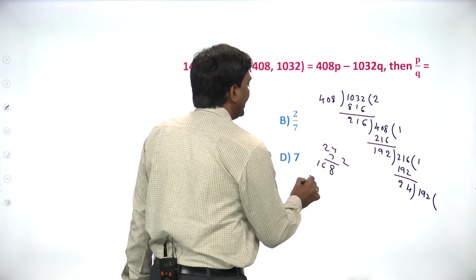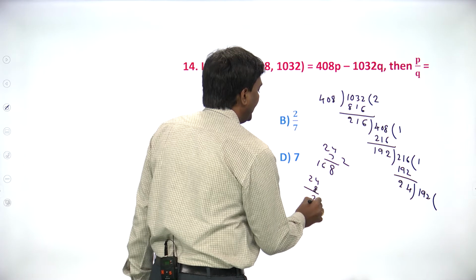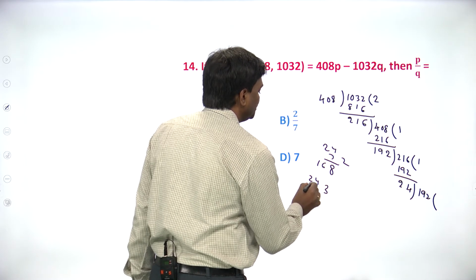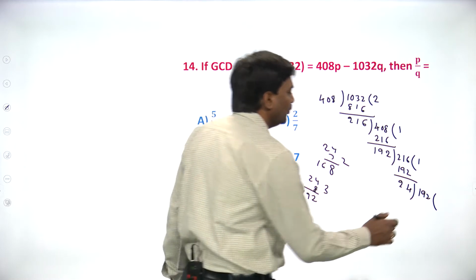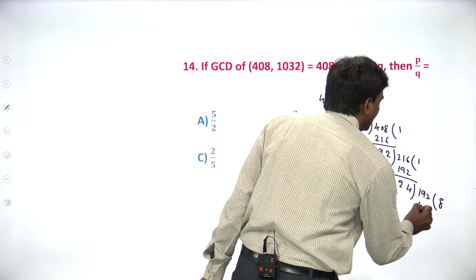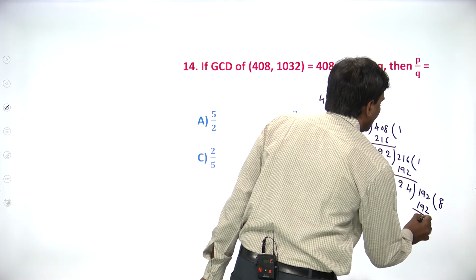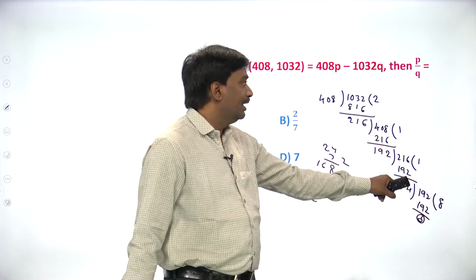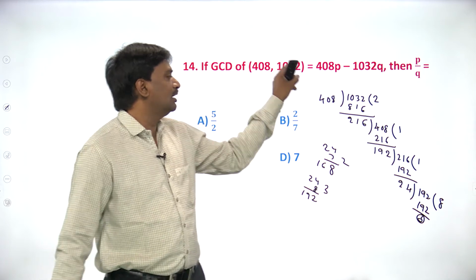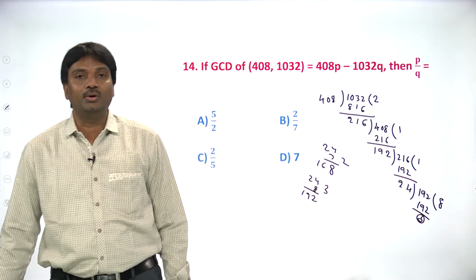If you take 8 times, 24 into 8, 8 4s are 32, 8 2s are 16 plus 3, 192. So exactly cancels. So 24 into 8 is 192. So remainder is 0. The remainder is 0, so clearly the GCD of 408, 1032 is 24.